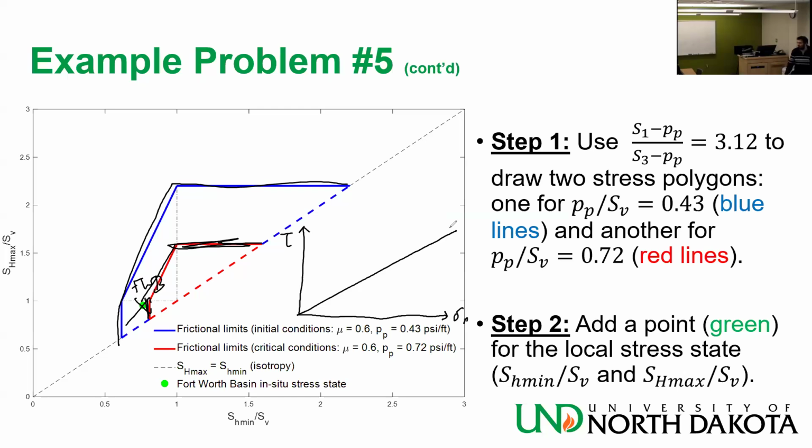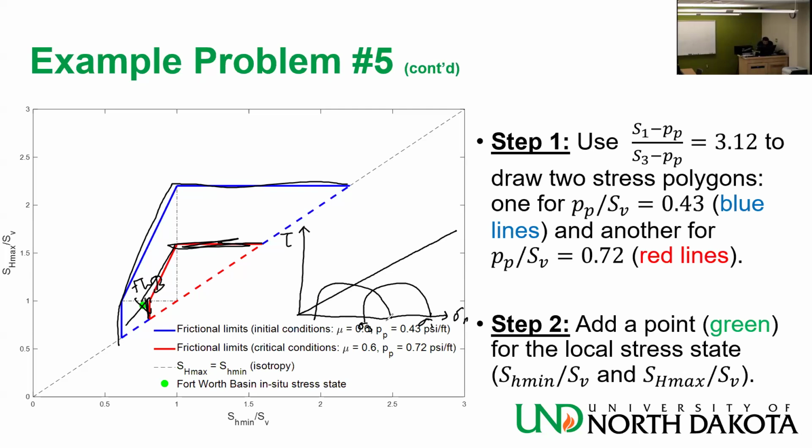Initially, I am here, with sigma 1 and sigma 3. With the increase of pore pressure, it gets shifted to the left. It stays the same size, but is shifted.